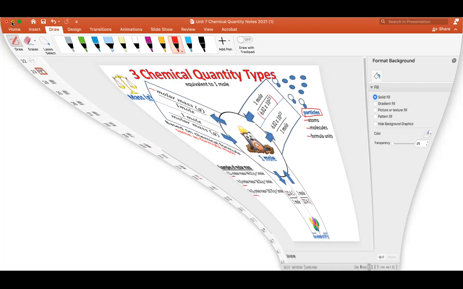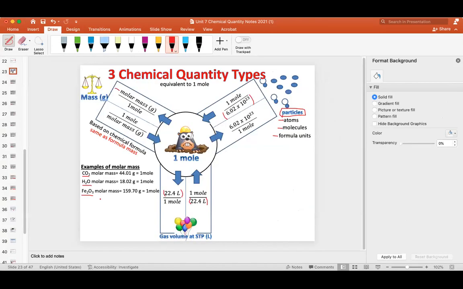Oxygen has an atomic mass of 16. The particular chemical called iron 3 oxide requires 3 oxygens and 2 irons when we go back and look at the formula, Fe2O3. We add up the mass of 2 irons and 3 oxygens, and we get 159.70 grams.